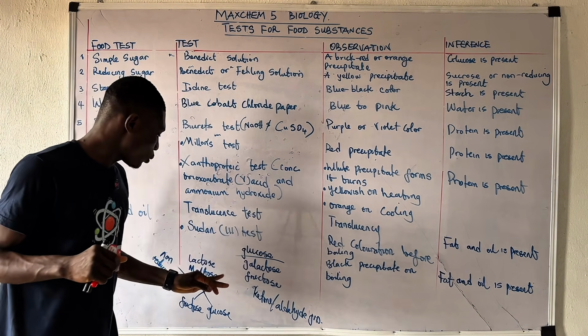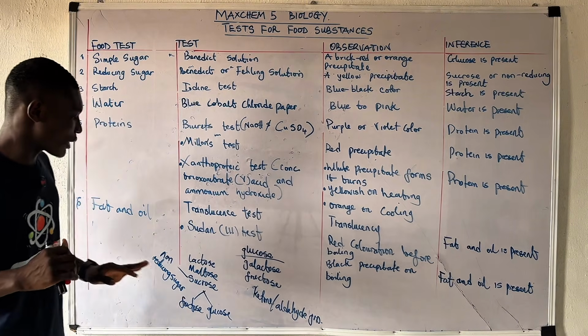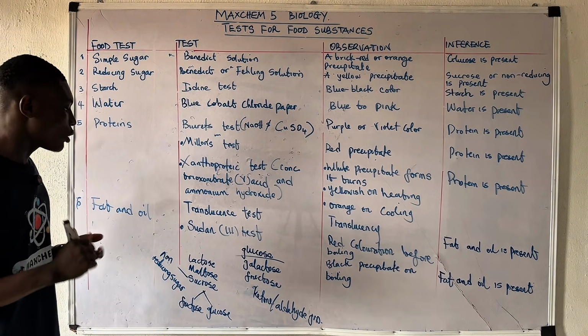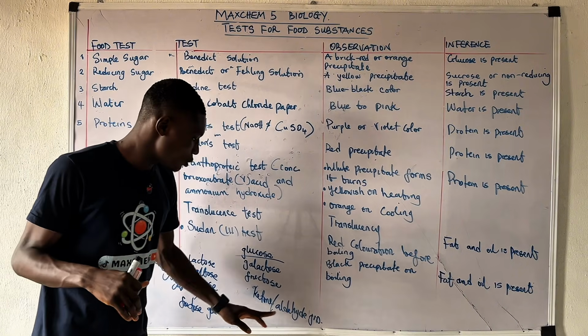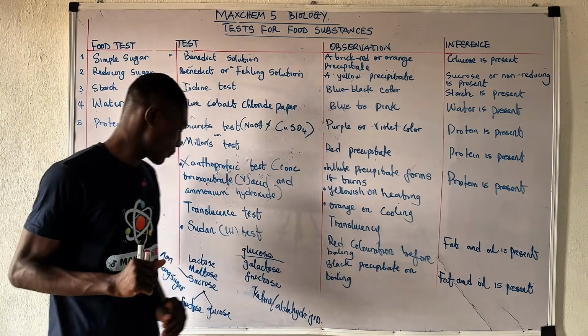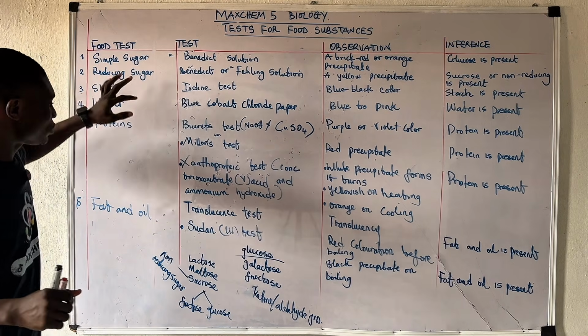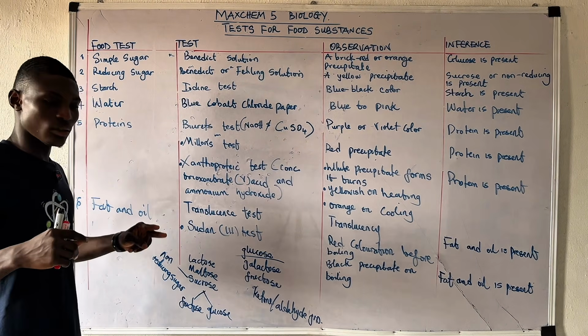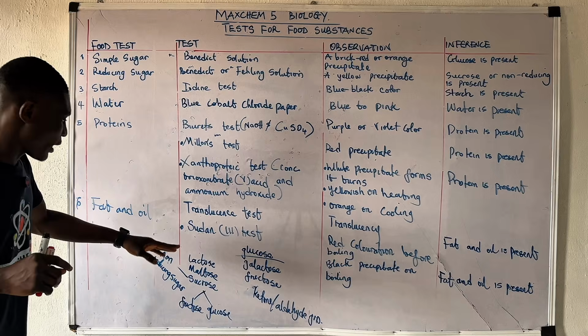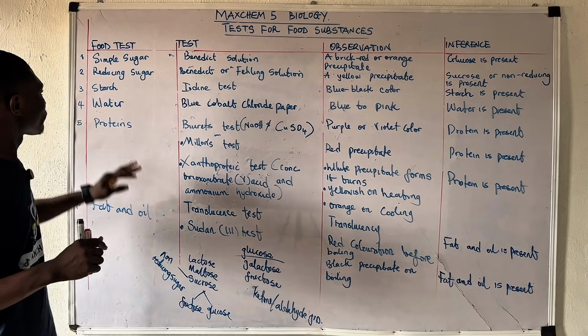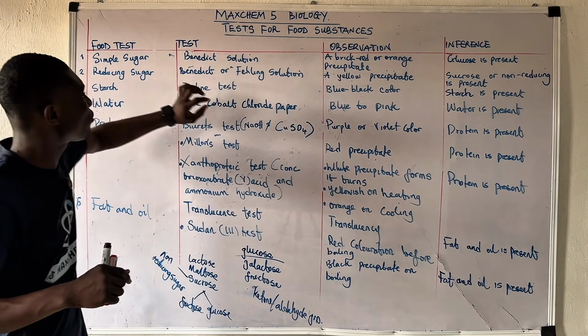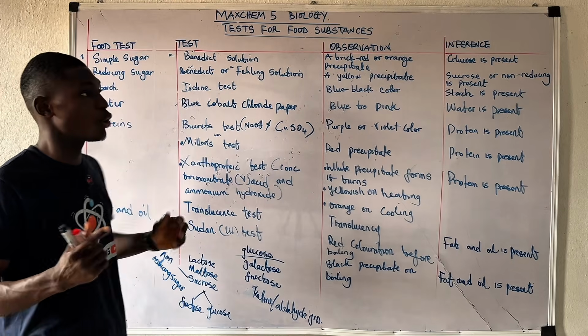Now, lactose, maltose, and other sugars are known as the reducing sugars because they have free ketone or aldehyde group. So my point is to test for sugars made up of 2 units, that is lactose, maltose, and sucrose. The test is the Benedict or Fehling test using the solution or reagent.